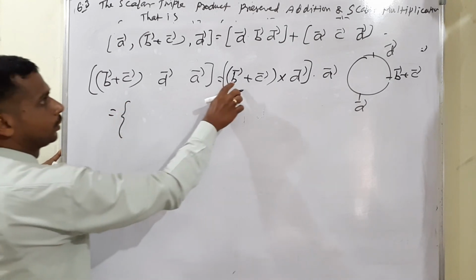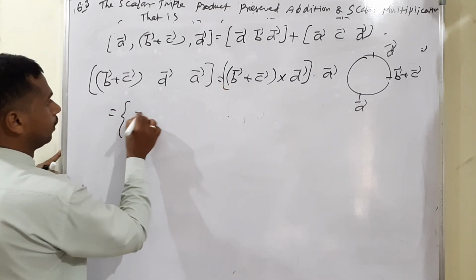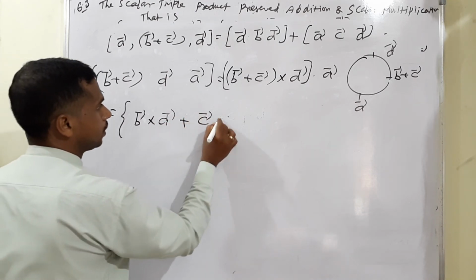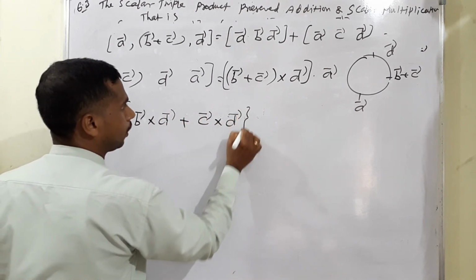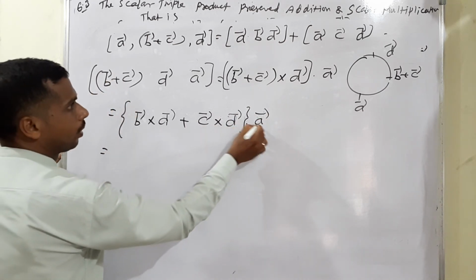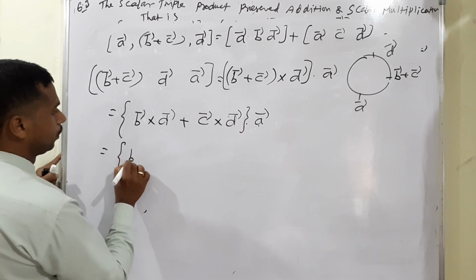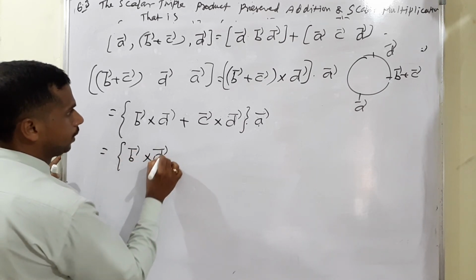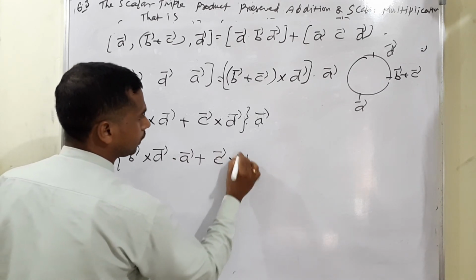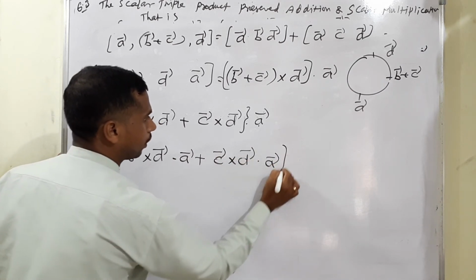First one B vector cross D vector, then plus C vector cross D vector, and outside A vector is there, each and every time dot A vector. Therefore, B vector cross D vector dot A vector plus C vector cross D vector dot A vector.